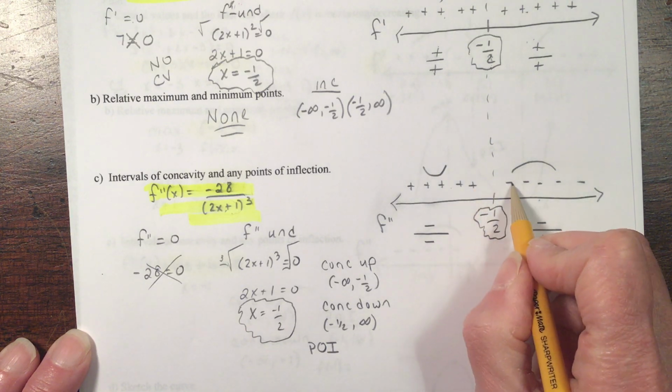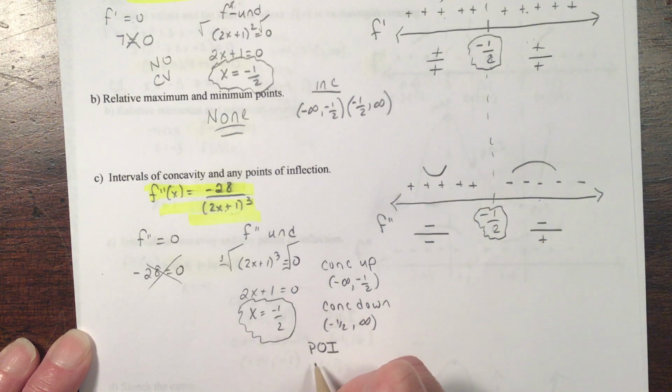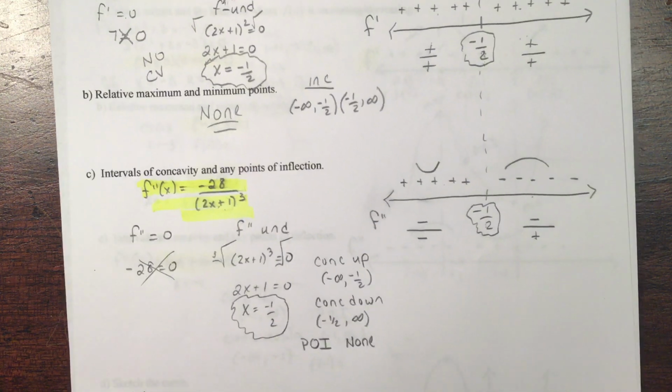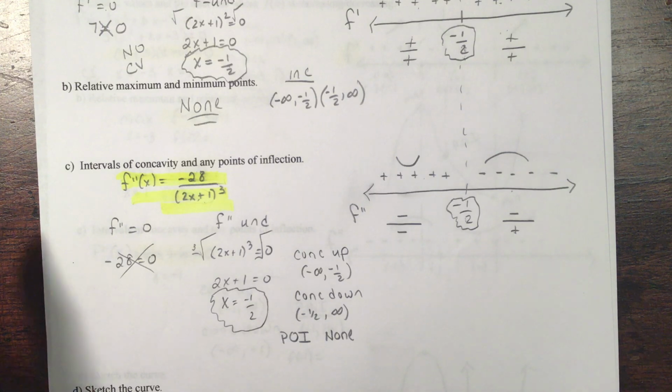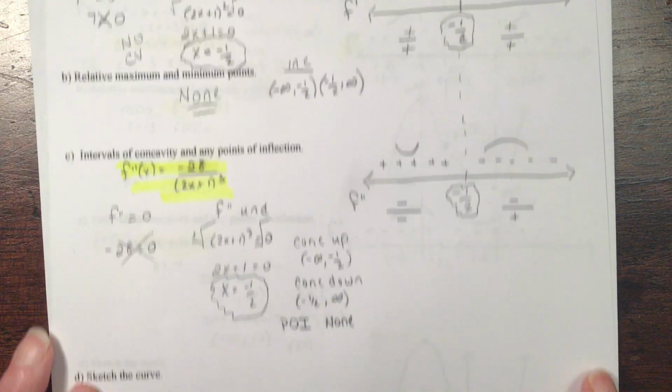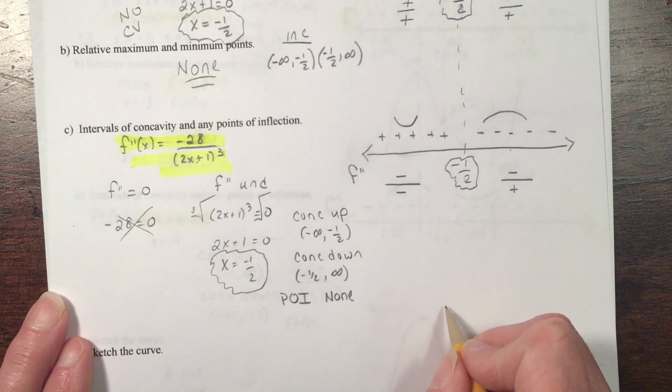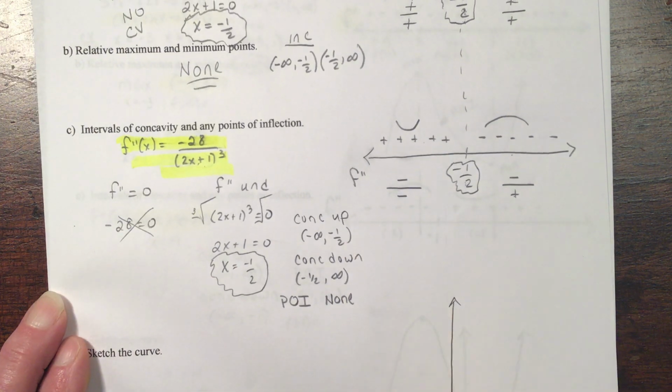Even though it looks like it, remember, if you plug in -1/2, you don't get an answer. So even though it changes concavity, there is no actual point of inflection. Okay, these are some of the weird things that we have to try to clear up in our early days of calculus.